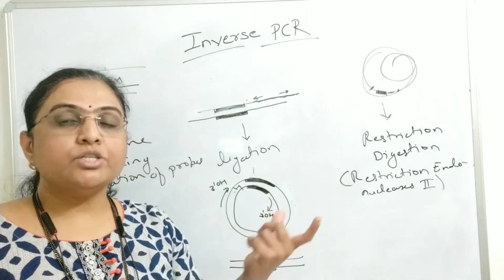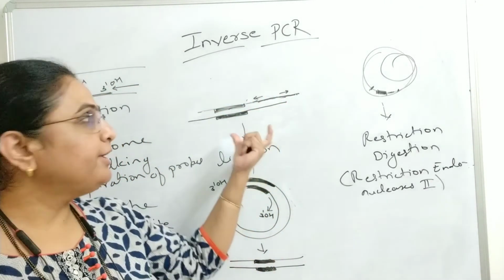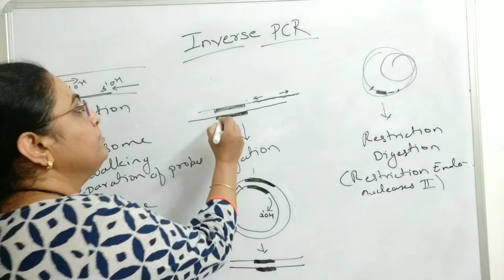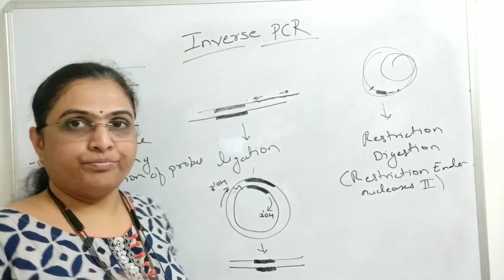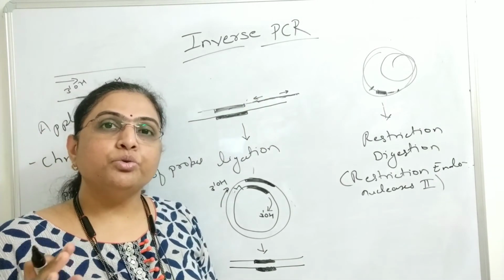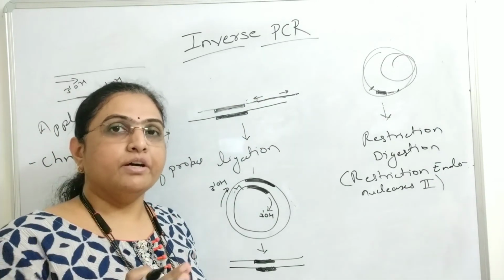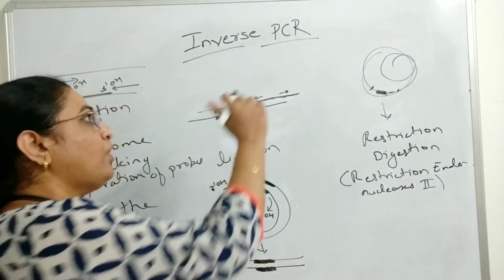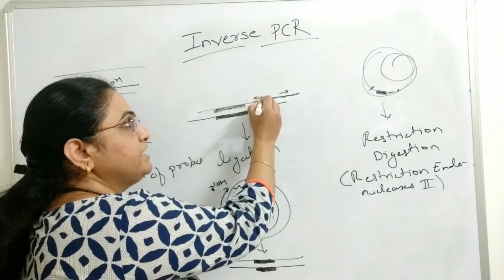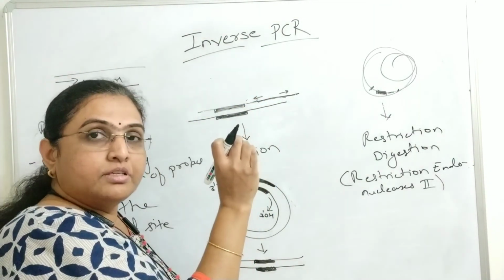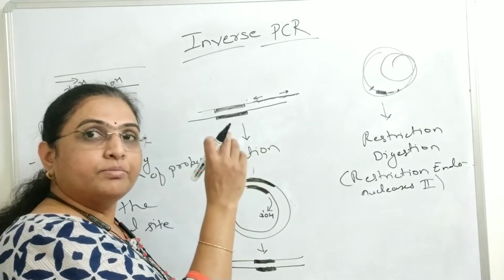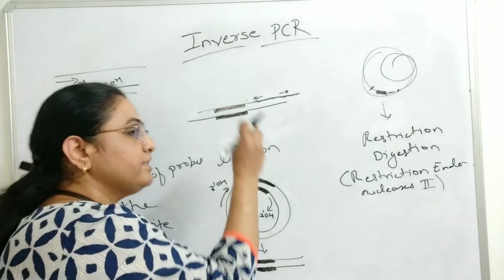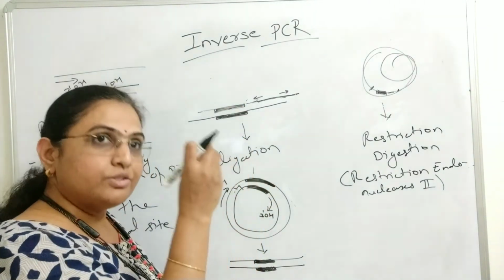So that is a known sequence, and what you have to find out is where it has been inserted. This unknown region you have to find out, and this is a known region.